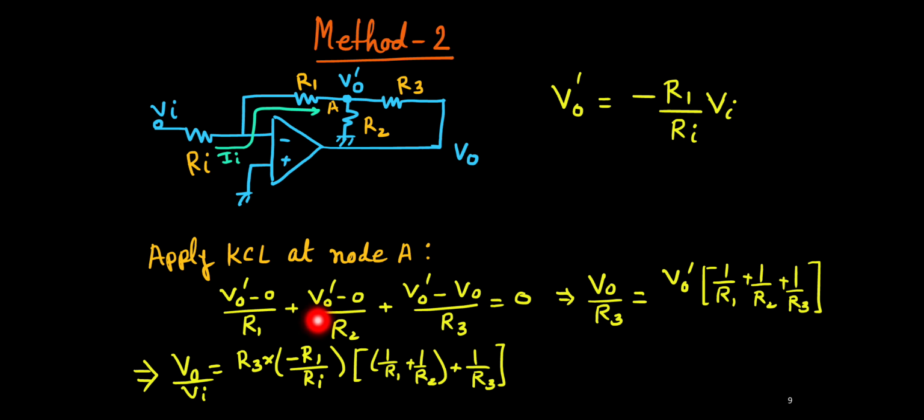And then we can rearrange: this 1 upon R1 and 1 upon R2 addition I can take first, and then we will have 1 upon R3. Now if I simplify it, you will get the same result. This is R3 upon Ri, because R1 is cancelled out, then it is 1 plus R1 upon R2, and the last term is R1 upon Ri again, okay? It is the same result.